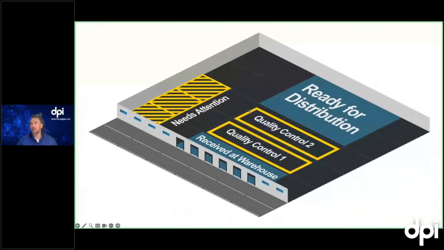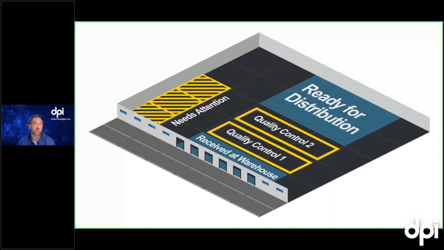So let's jump ahead here, to maybe a bit more of a complicated warehouse. So maybe you still have received at warehouse, you still have needs attention, you still have ready for distribution, but we've added in quality control checks. Now there are some locations that say, well, we utilize volunteers a lot and we love our volunteers, but volunteers are volunteers and we want to be able to have a few additional checks after the fact.